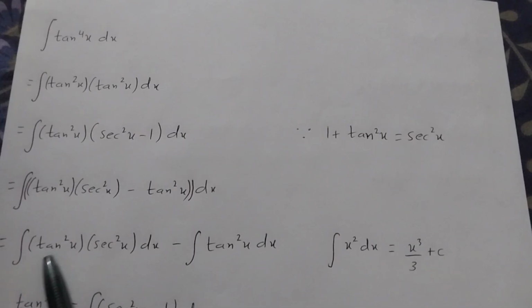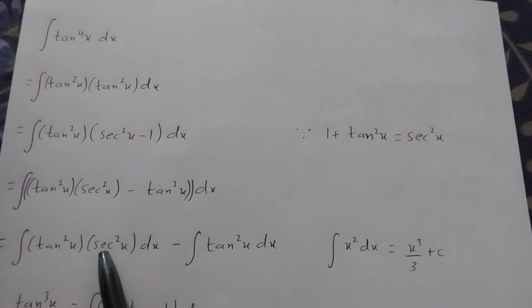So we can see that we have tan x here, and its derivative is written beside it, secant square x. The derivative of tan x is secant square x, and it is also being raised to a power of 2. So we can apply the same thing.